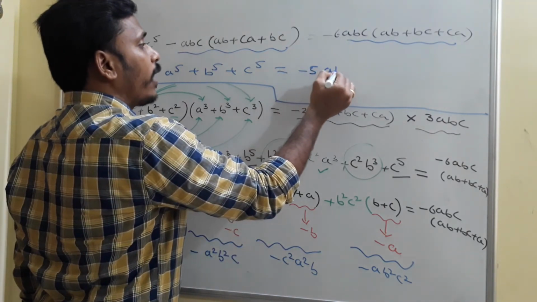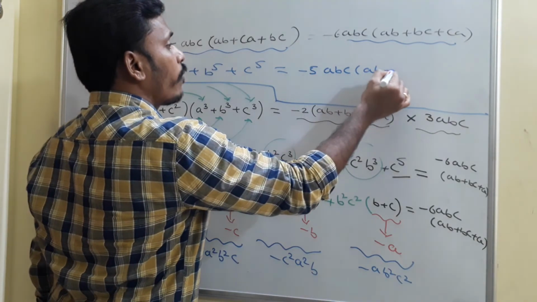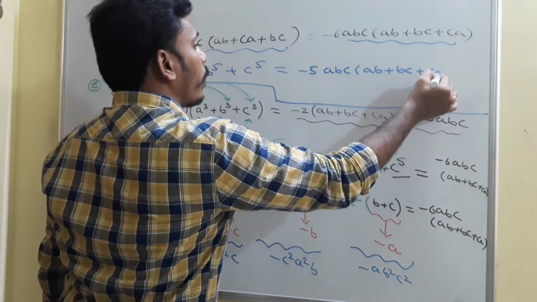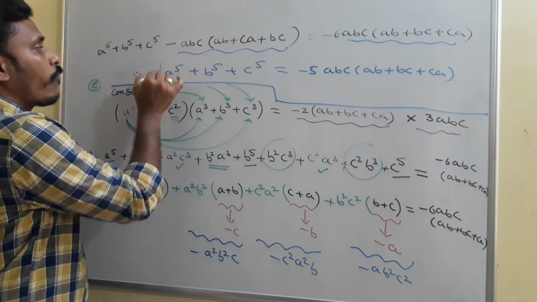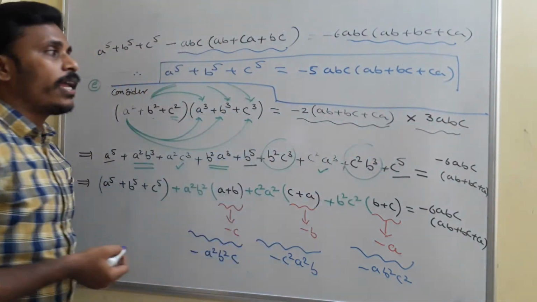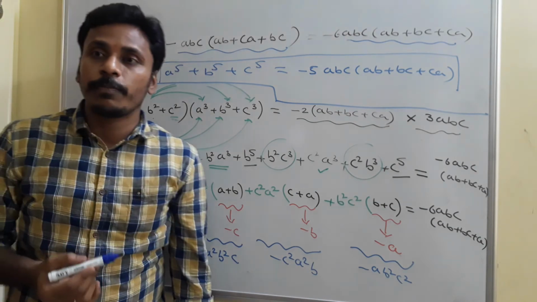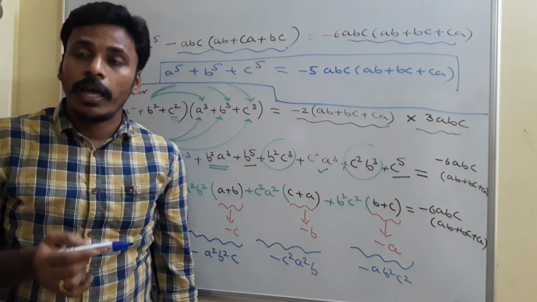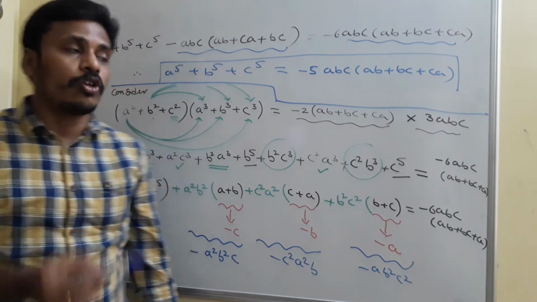So minus 5 times of abc of ab plus bc plus ca. So a power 5 plus b power 5 plus c power 5 is equal to minus 5 abc of ab plus bc plus ca, if a plus b plus c is equal to 0.